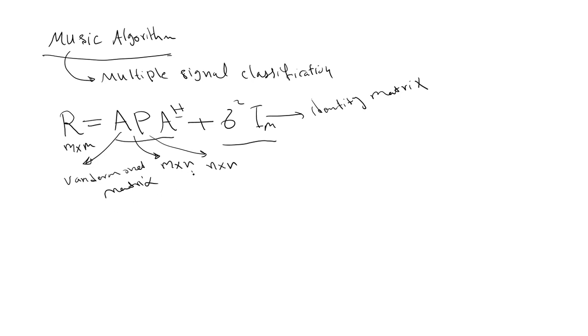The number of sources and the number of frequencies is N, and the structure of A is like this: the columns are like this.